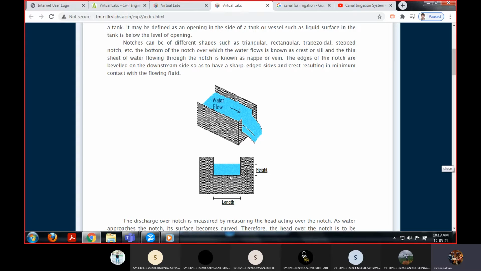This bottom level of the notch is the crest level. We have to fix this notch across the flow, which means at an angle of 90 degrees to the flow, where we are going to measure the discharge.